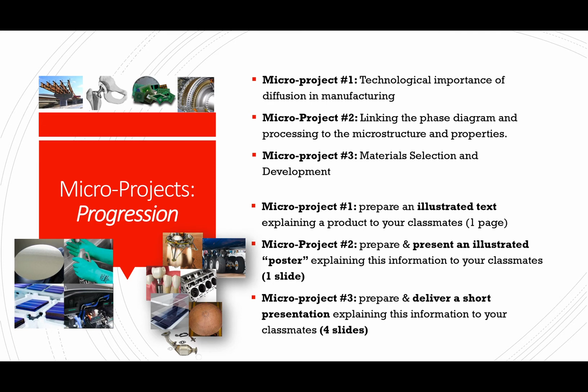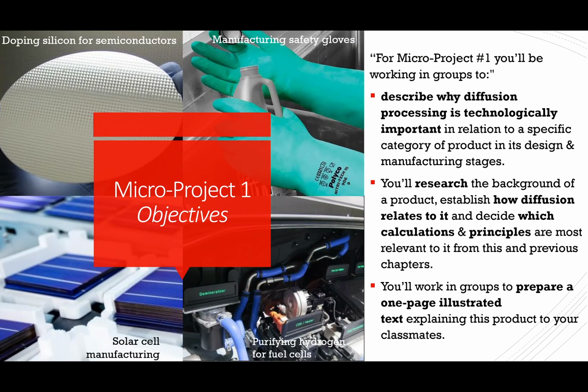In micro project number 1, the students prepared an illustrated text. In number 2, they prepare and present an illustrated poster, and so we had a poster presentation. And in number 3, they prepare and deliver a short presentation and discuss a research proposal.